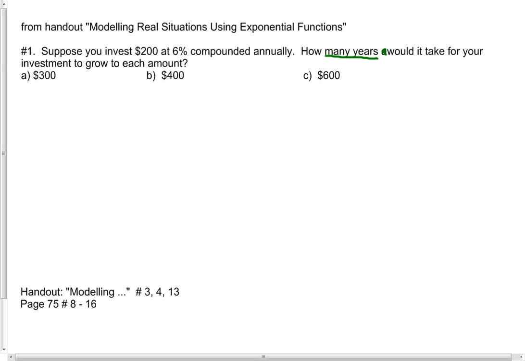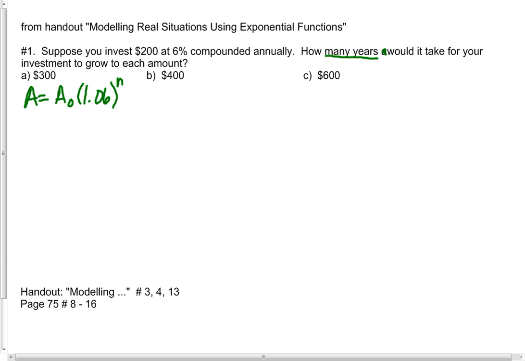So the equation is not so bad. If we want to deal with our money problems, we have an amount from our initial amount times the rate of growth, which is 1.06 compounded annually to the power of n, number of years.